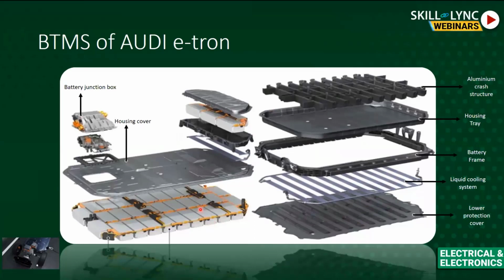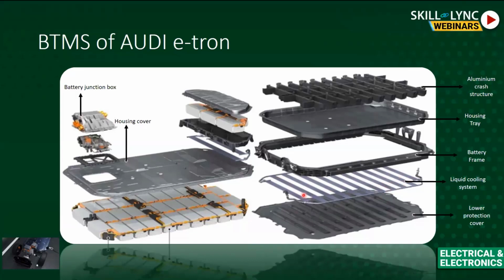Generally a battery pack consists of modules, and modules consist of cells. Here they have put a combination of series and parallel cells in a box and called it a module, and they cool that module using liquid cooling plates. The modules are arranged on these liquid cooling plates. These horizontal stripes you can see are the liquid cooling plates.